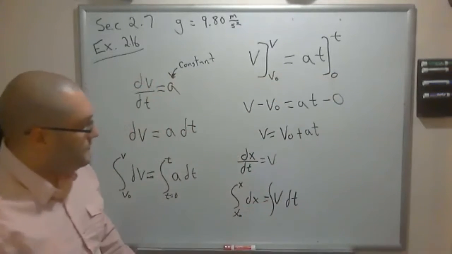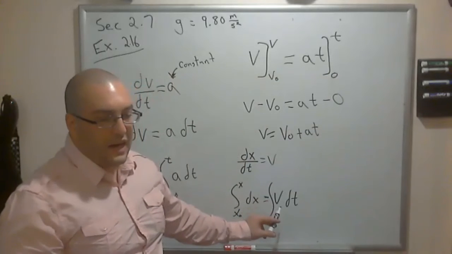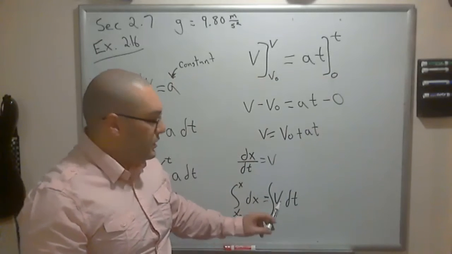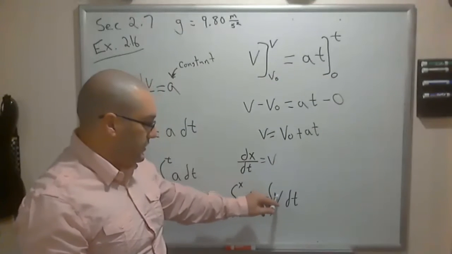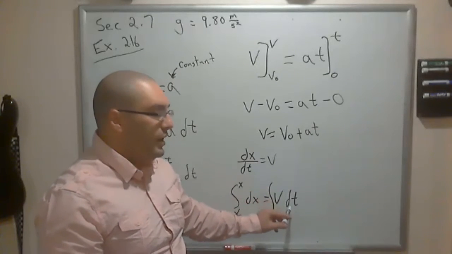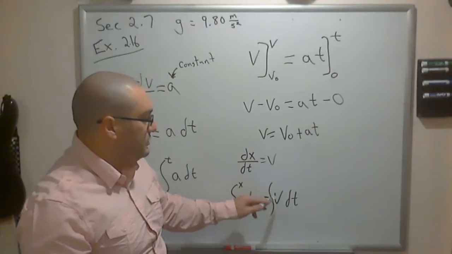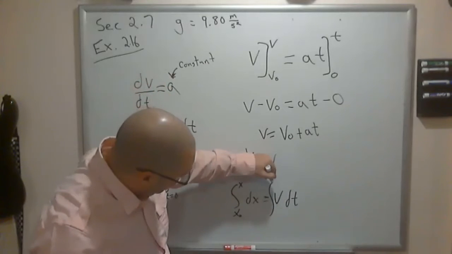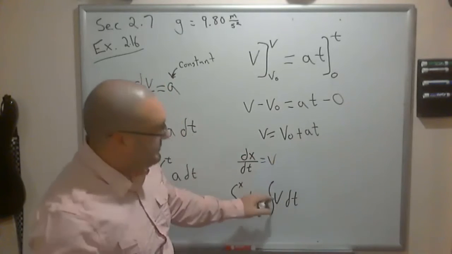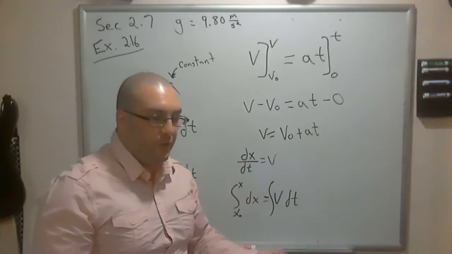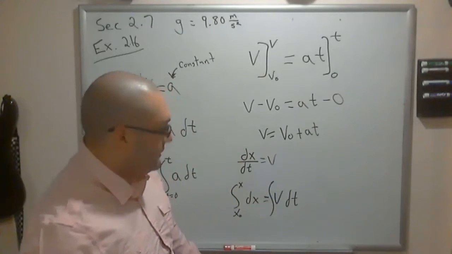Now here, v is not a constant. We don't assume that v is a constant, and it's dependent on t. Because it's dependent on t, we're integrating in terms of t, we have to express v as a function of t to solve this.